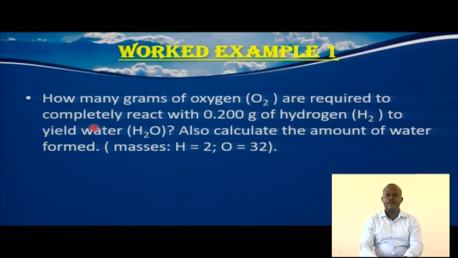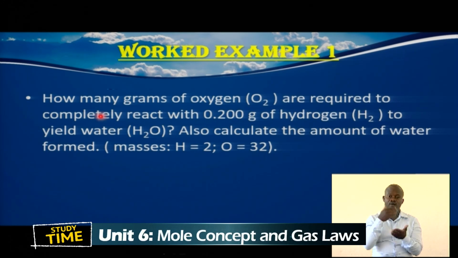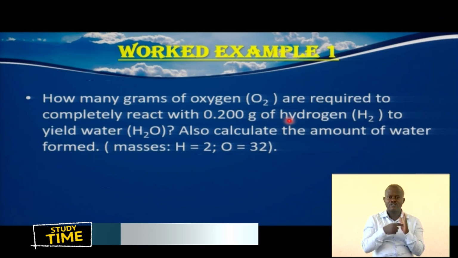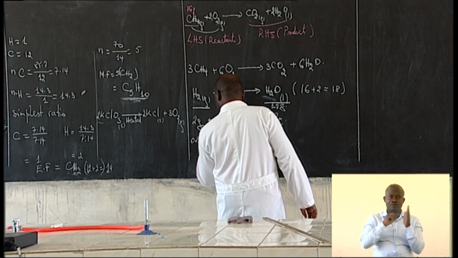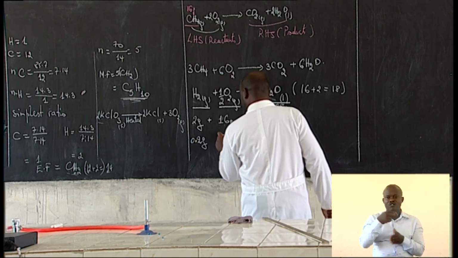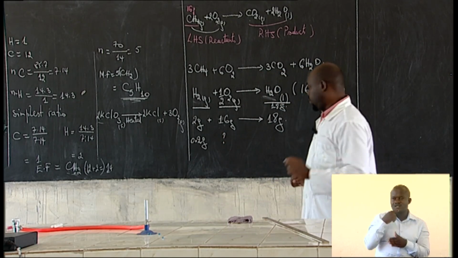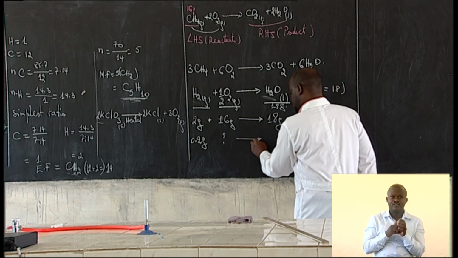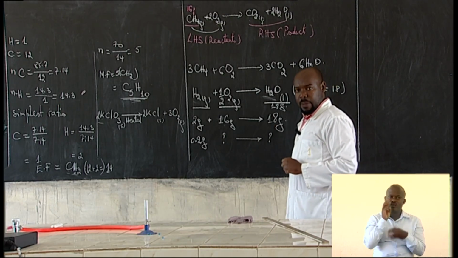How many grams of oxygen are required to completely react with 0.2 grams of hydrogen? Here we have 0.2 grams of hydrogen. For oxygen, that is the question. And the question is also asking to calculate the mass of water that will be produced.